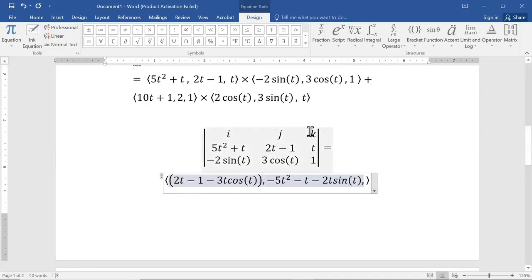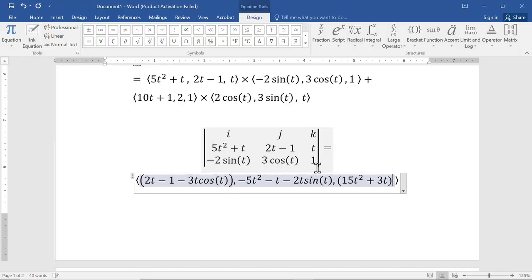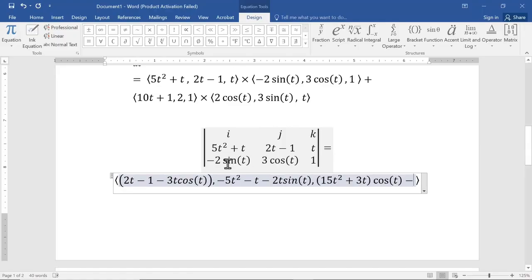And then for your z component, you're going to take 5t squared plus t times 3 cosine of t. That's going to be a mess. So we're getting 15t squared plus 3t times cosine, minus negative 2 sine t times 2t minus 1.